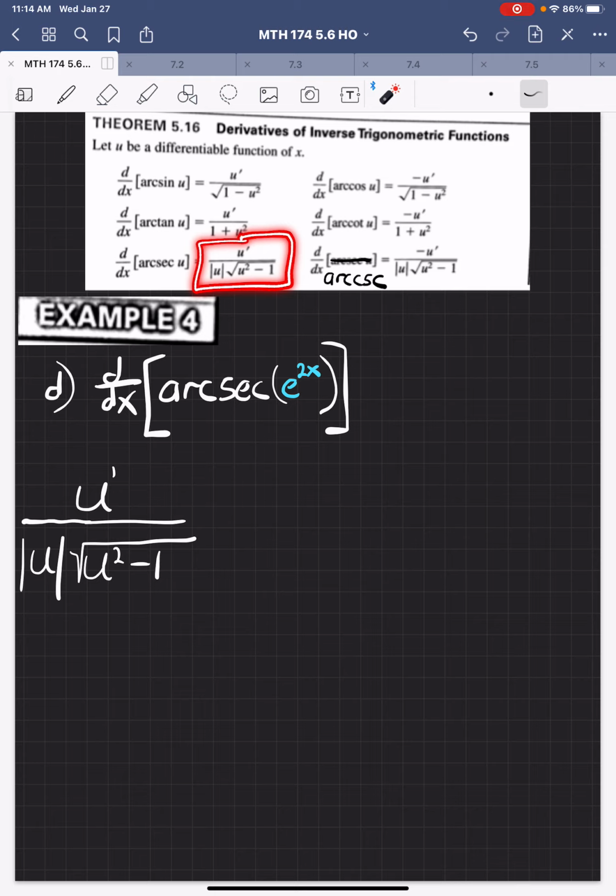But the game is the same, right? So we need to define u, we need to take u prime, etc. In this case, again, u is fairly easy to establish. u is going to be equal to e to the power of 2x.